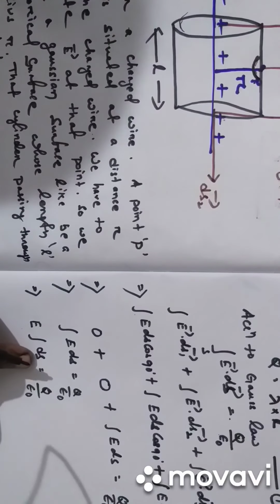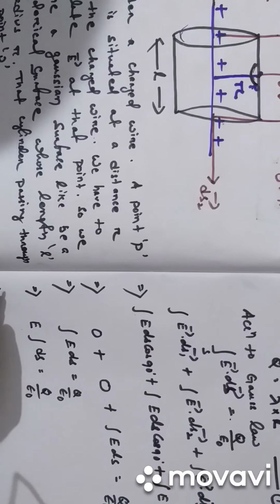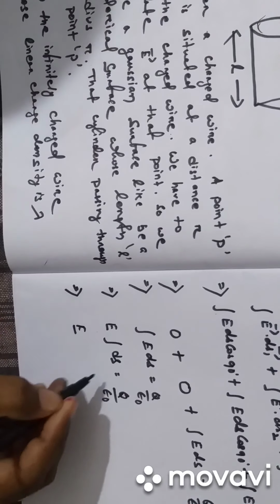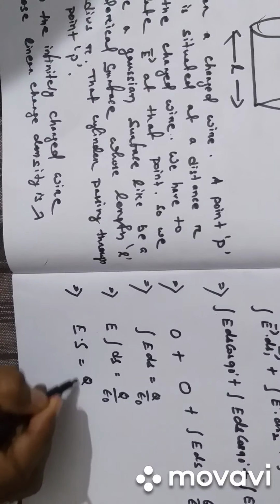So the integration of small surfaces ds can be represented as the total surface S, so E times S equals q by epsilon naught.